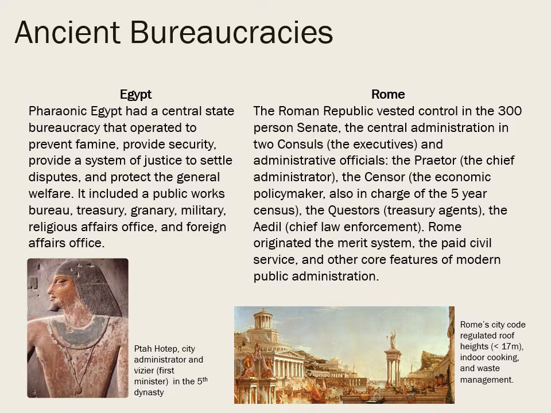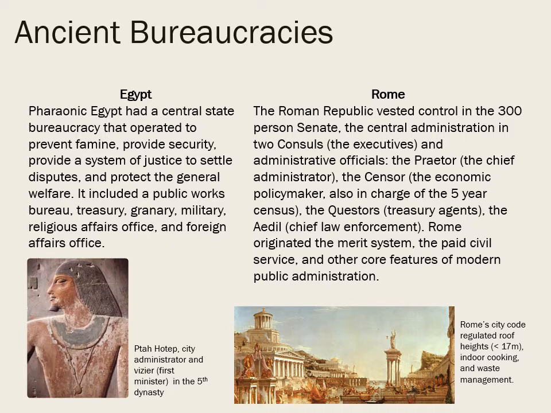But going back to Egypt under the pharaohs, there was a firm central bureaucracy, and that operated to prevent famine, provide security, provide a justice system to settle disputes, handle public works like building pyramids, and basically to protect the general welfare.